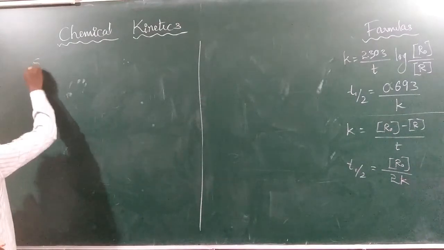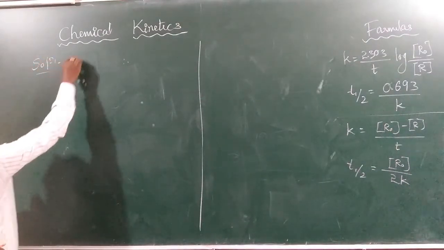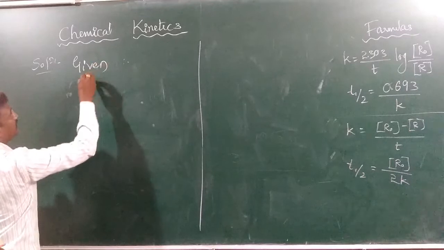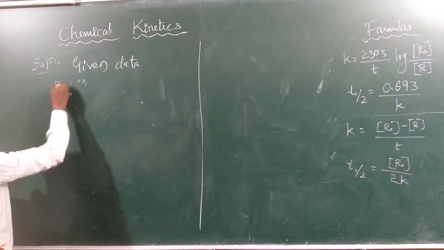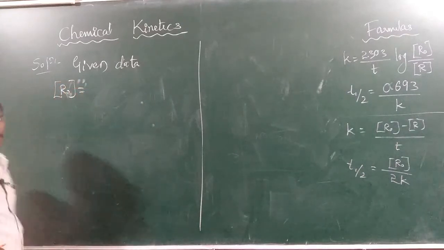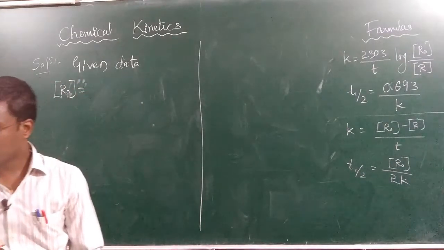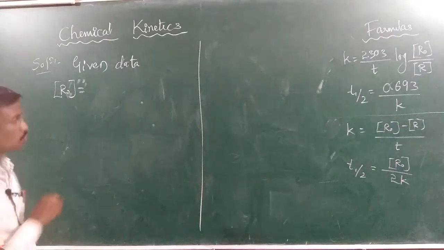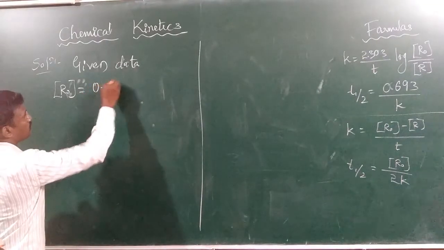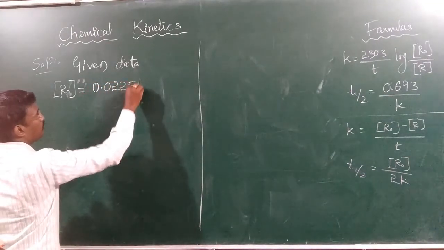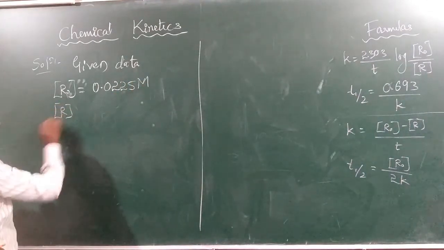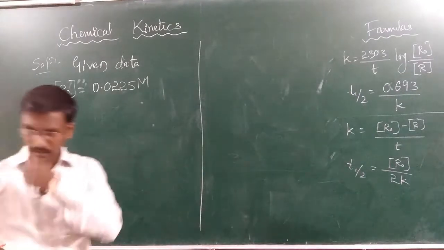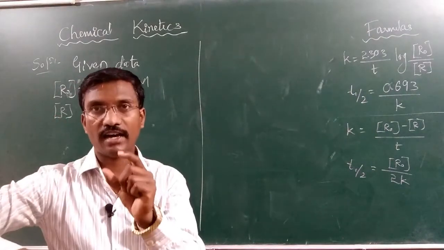Solution, given data: initial concentration they have given as R naught. The initial concentration is 0.0225 molar, whereas they asked you to calculate the concentration of SO2Cl2. It means it is the concentration R at some time.